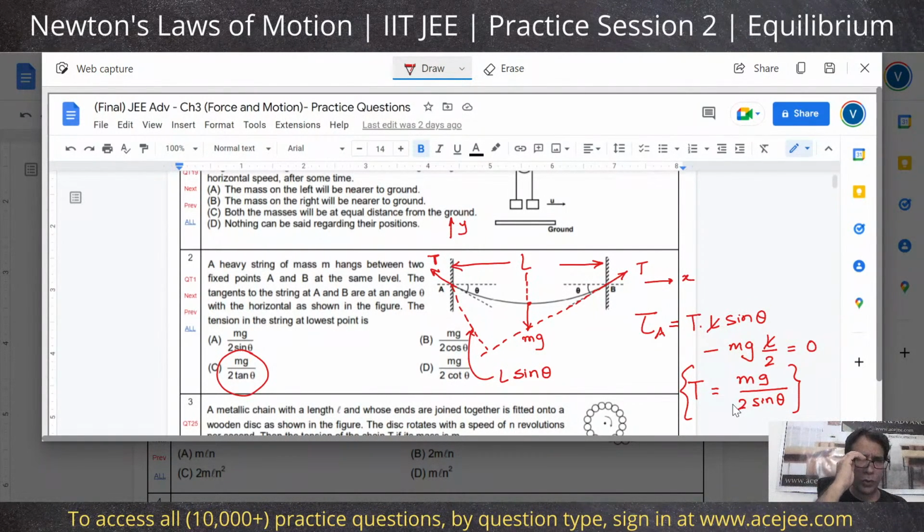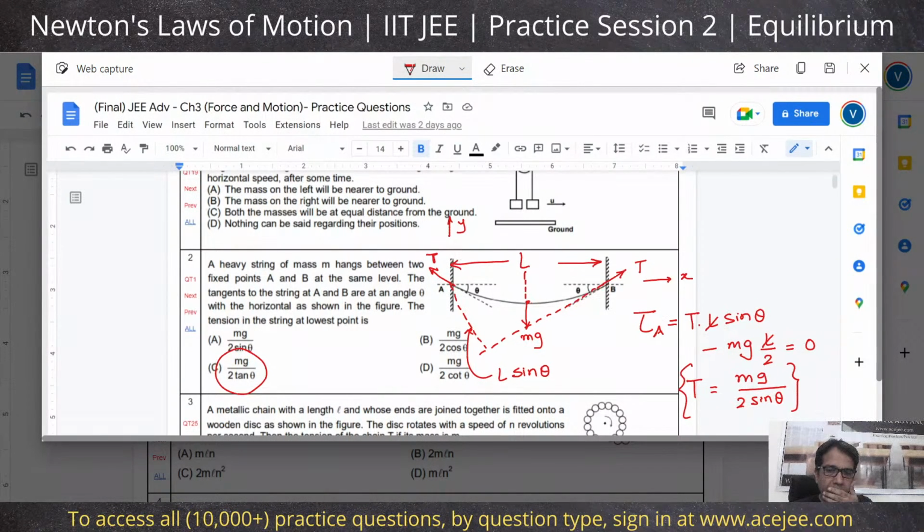Would love to understand how you got mg by 2 tan theta, beta. Yes, this is the same answer. Okay. Sir, we need to find the tension at the midpoint. Ah, you're right. You're absolutely right.